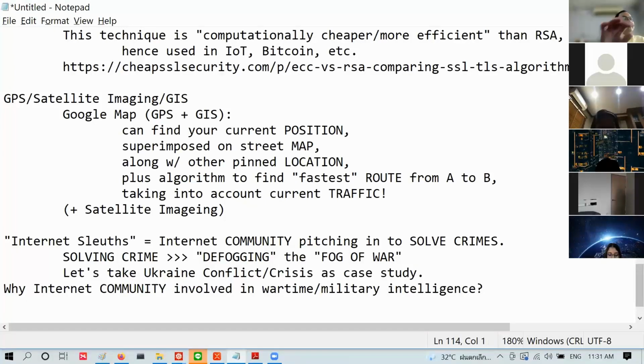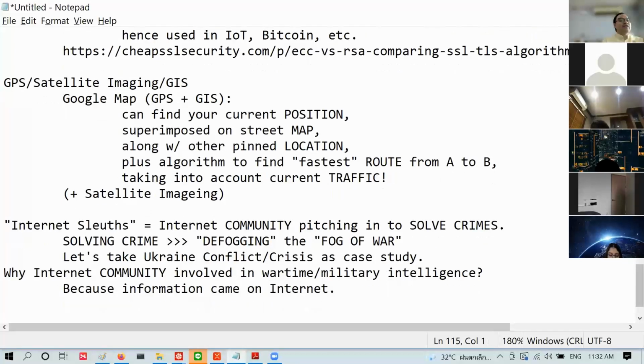Well, it's very simple, because information came on the internet. In the past, you had military surveillance taking pictures of the combat scene.